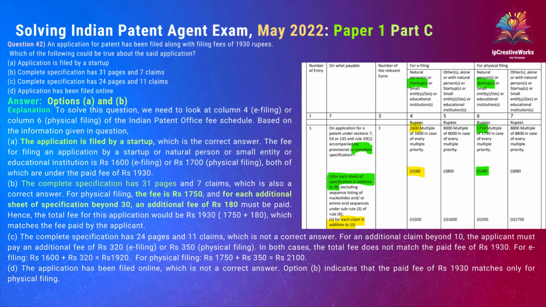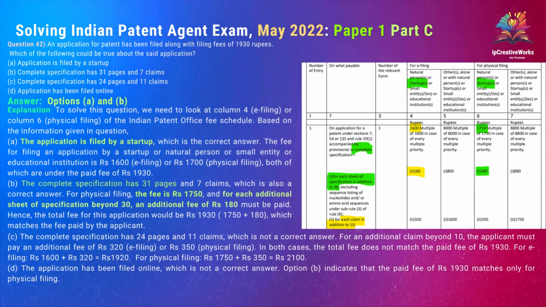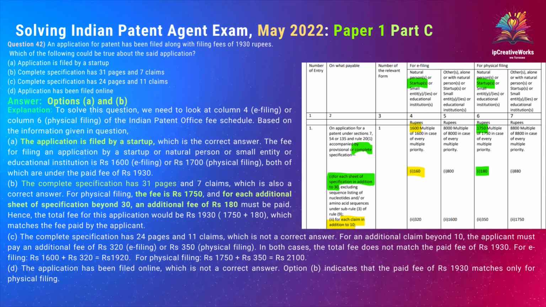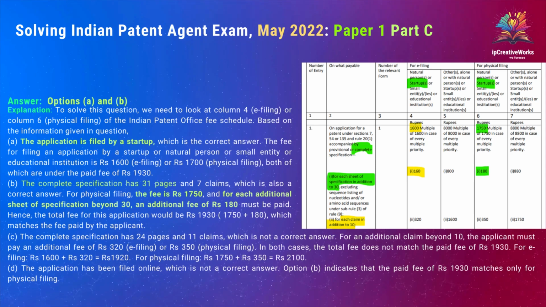For e-filing, 1600 rupees plus 320 rupees equals 1920 rupees. For physical filing, 1750 rupees plus 350 rupees equals 2100 rupees. D. The application has been filed online, which is not the correct answer. Option B indicates that the paid fee of 1930 rupees matches only for physical filing.